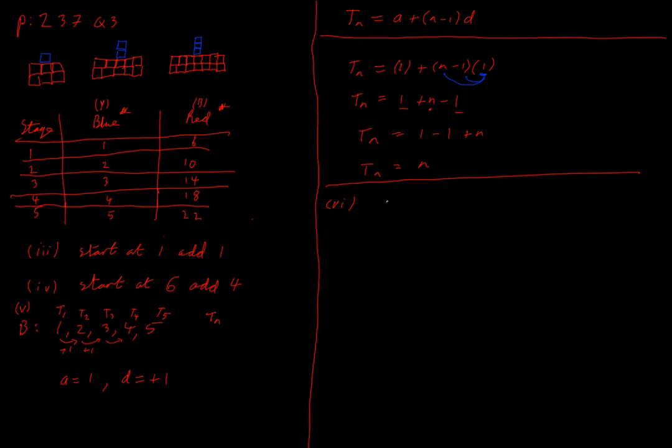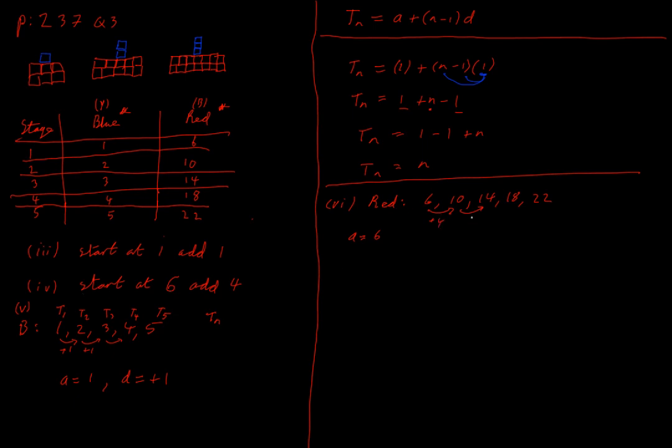So I'm now looking at the pattern in my red boxes. And what's that going to be? I'm going to have 6, and then 10, and then 14, and then 18, and then 22. Well, my first term now is 6. A is 6. A is my first term. And my difference between each of the terms, I already know, is plus 4, because I already wrote this out in English here.